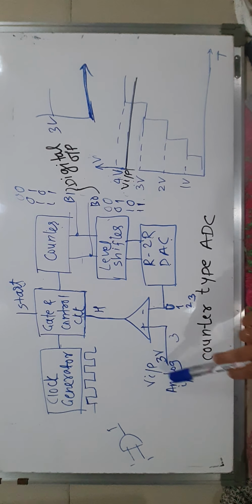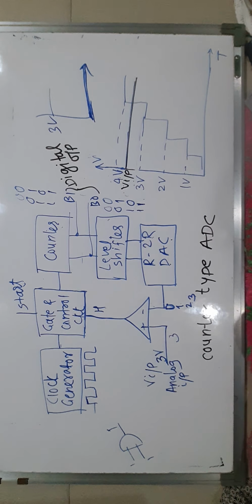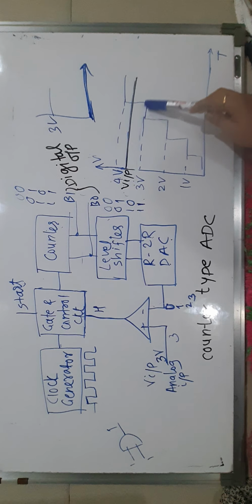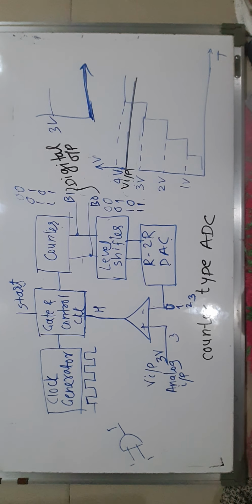So in this way analog input is converted into digital form. Here also we see initially the input was 0, then it becomes 1, then 2, then 3, and it is compared. So this is how the counter type ADC works.